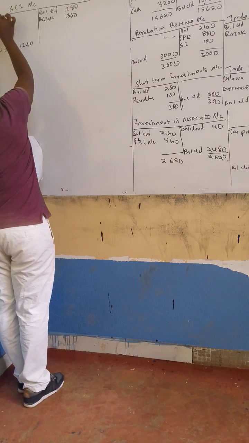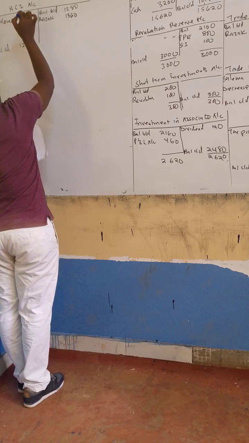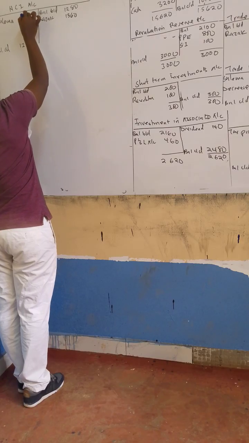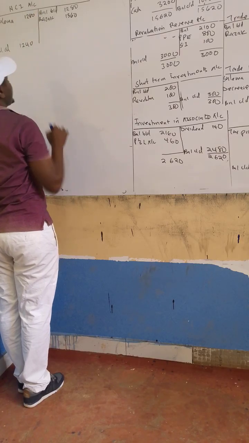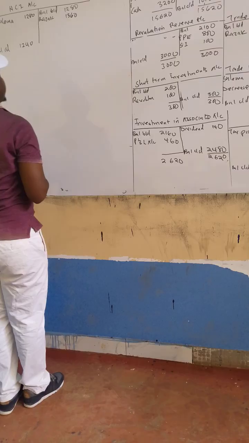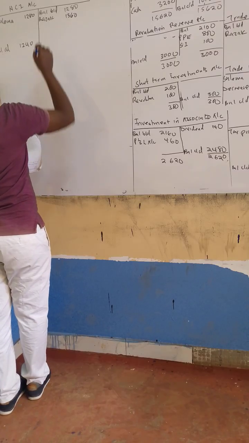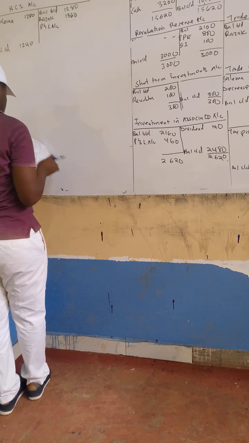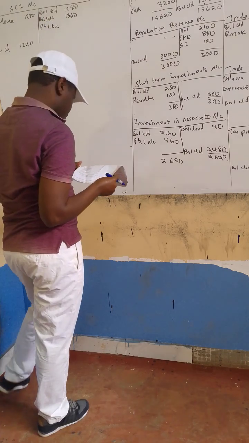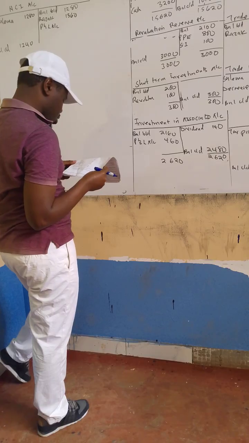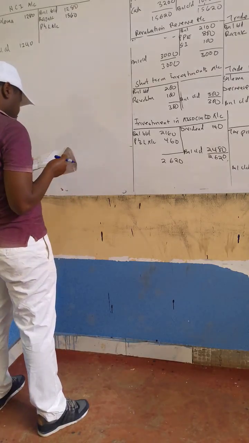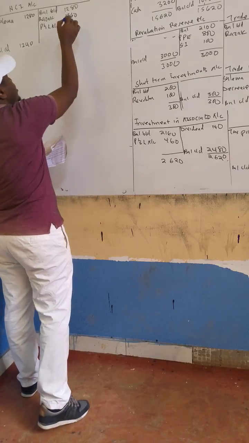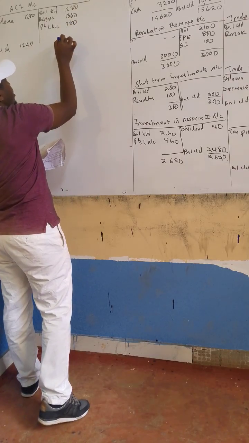And then Salama, the fair value was 1280. And of course, we are also going to look at the P&L account. Earnings attributable to NCI was 380. So we'll add 380 there.